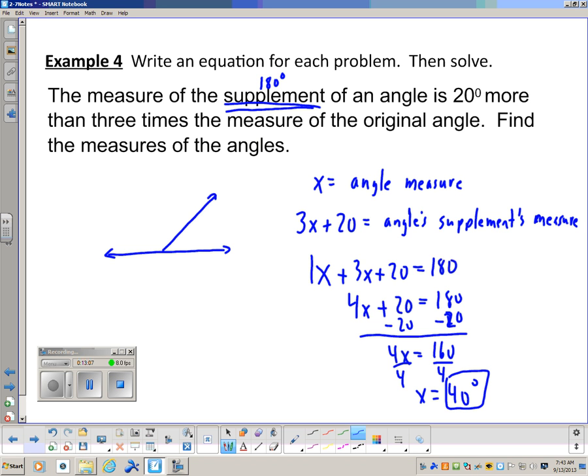So there's one, 40 degrees. The other one there is 3x plus 20. So I can do 3 times 40 plus 20 gives me 120 plus 20, and I get 140 degrees. So notice the 2 that I have boxed there, if I add them together, I do get 180 degrees there.